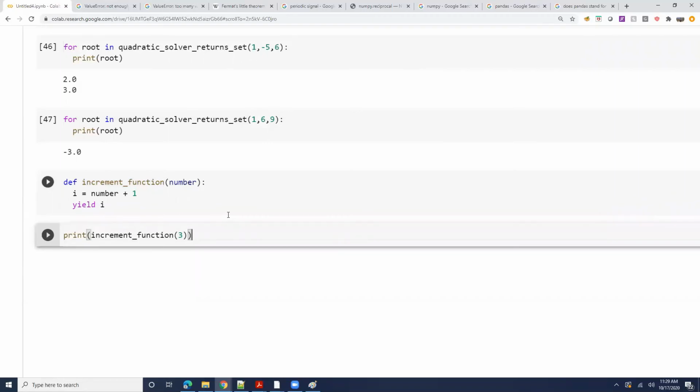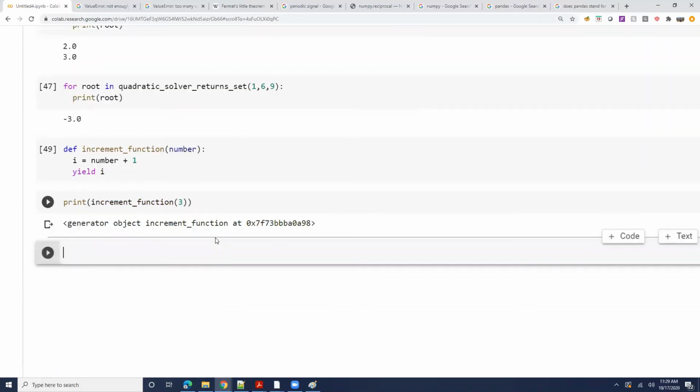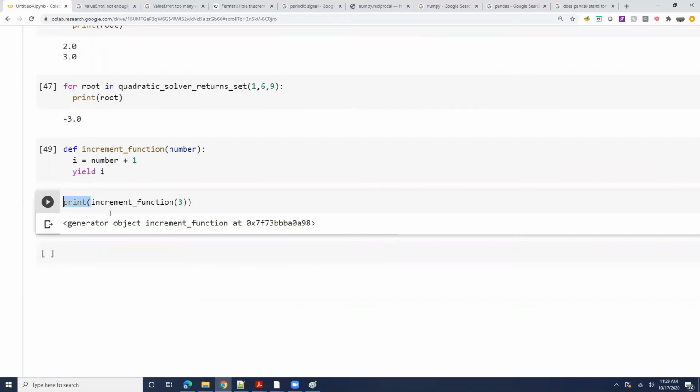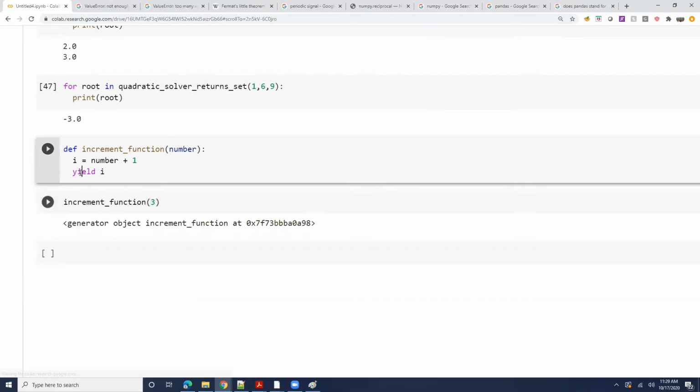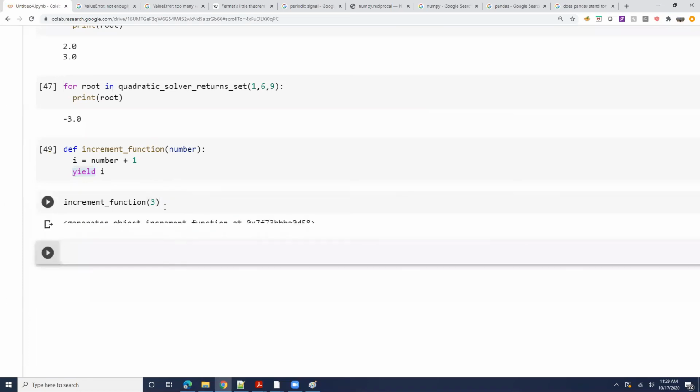It looks like return, right? So what should be the output, Meghna? 4. Okay, let's see. It says print, you cannot print. So what's yield? Yield is basically similar to return. You have to have return. No, you don't have to have return. So let's see what happens if I do this.